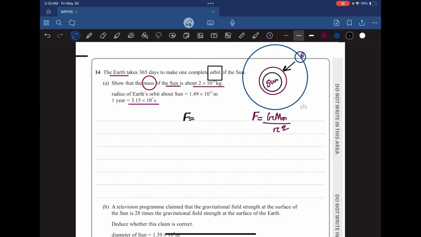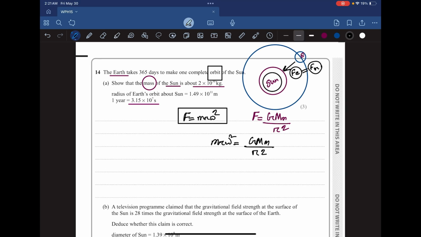We know the formula of centripetal force is m r omega squared. And we know the centripetal force here is actually the gravitational force, right? So we can equate both of these formulas: m r omega squared is equal to GMm by r squared.